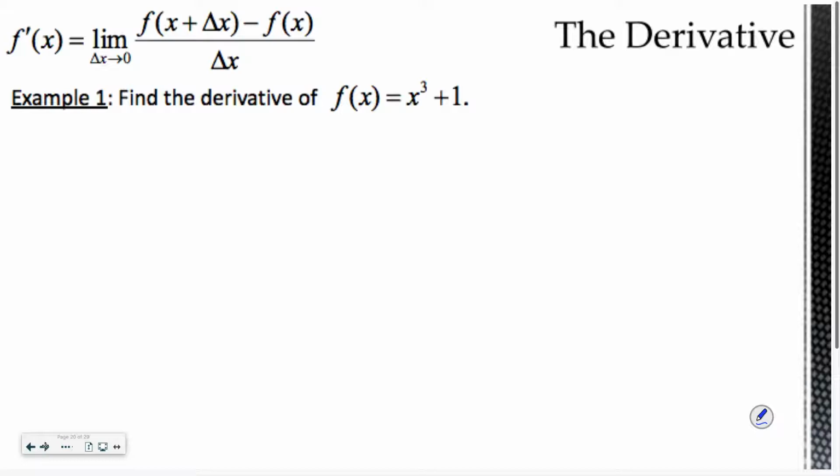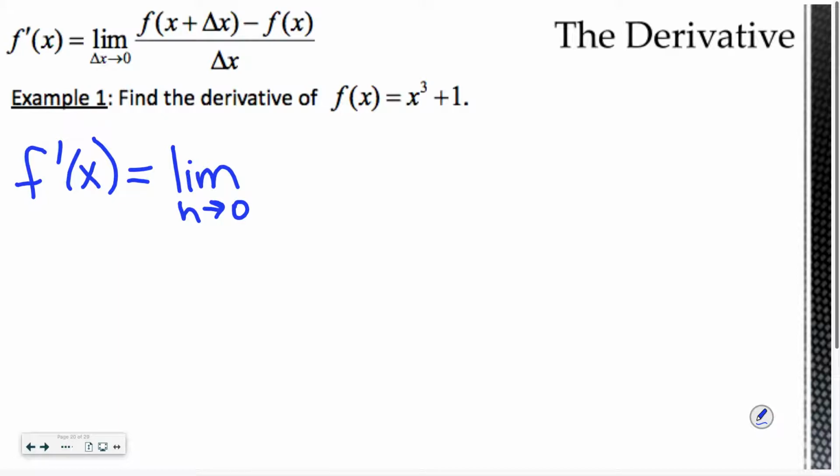So first of all, I want us to all get comfortable with f prime of x. That means derivative. And we get to do the limit as delta x approaches 0. I'm going to go ahead and use h's. Is that okay?